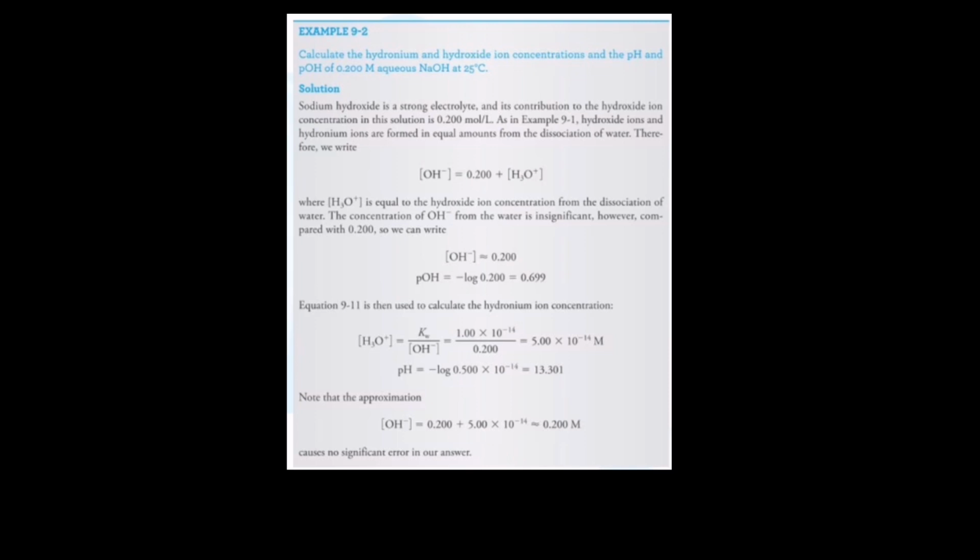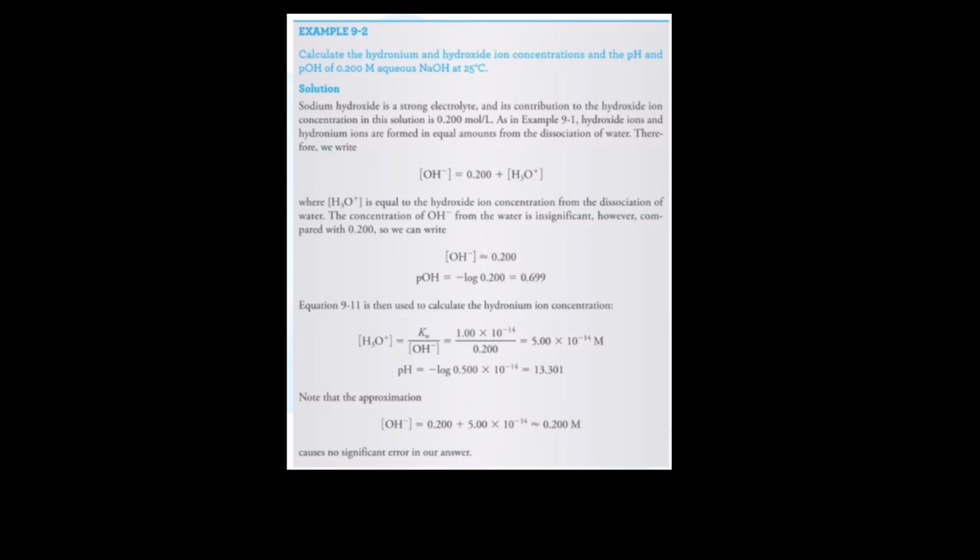So therefore, we write it as [OH-] = 0.200 + [H3O+], where [H3O+] is equal to the hydroxide ion concentration from the dissociation of water.